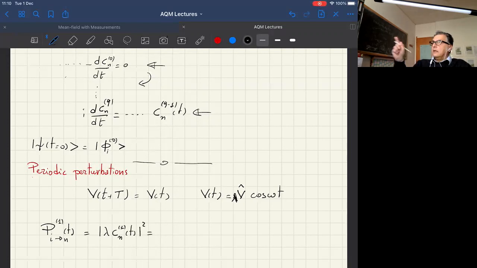And what we saw yesterday was that this C N of t is nothing else than the integral between t0 and t of dt prime, and then you have V n I of t e to the I omega n I t prime, modulus squared, okay?